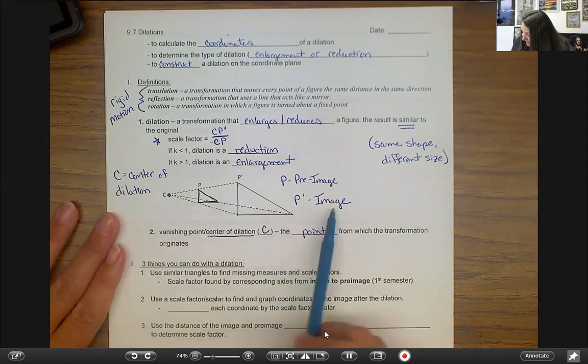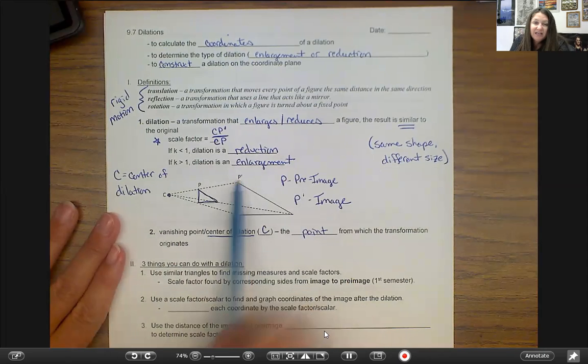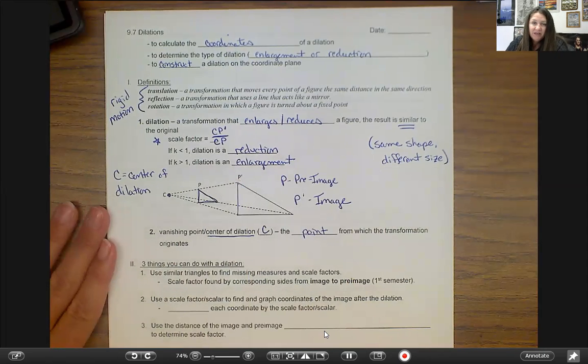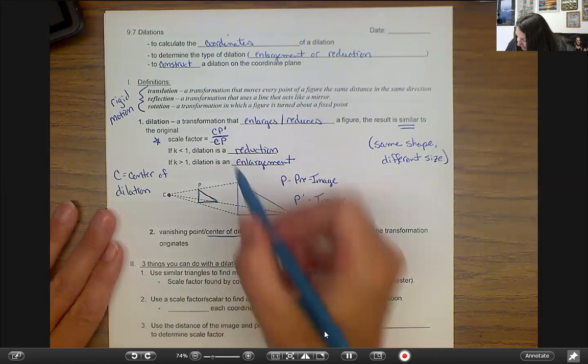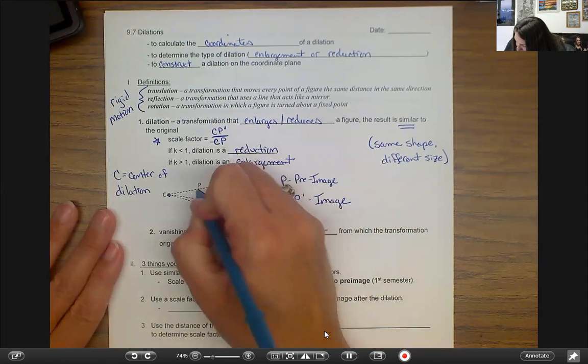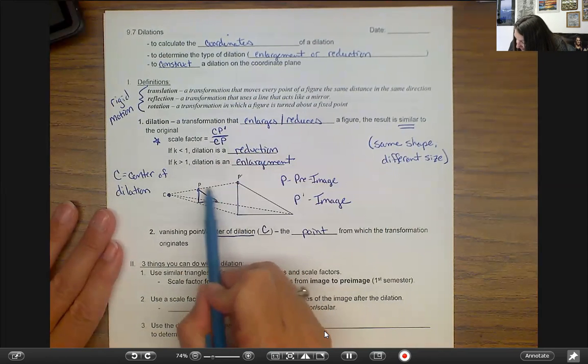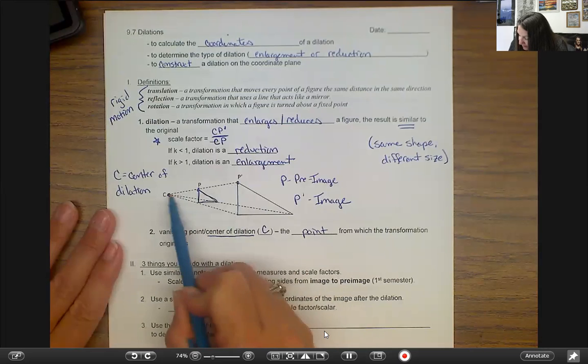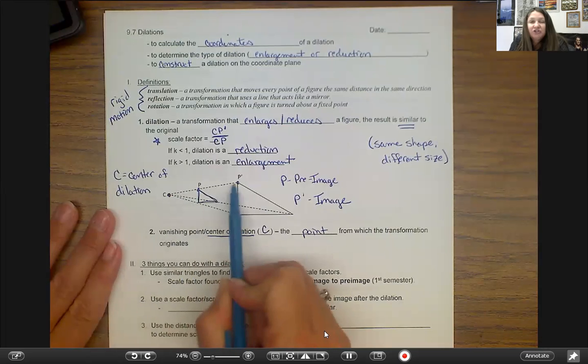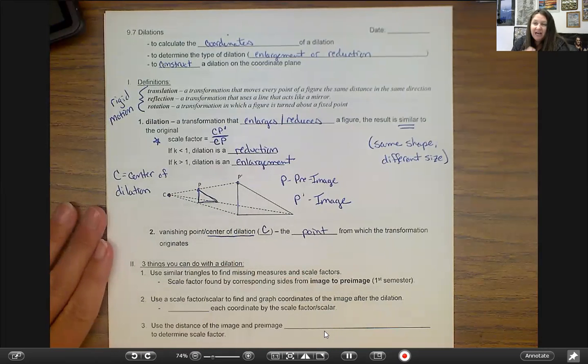I know it is the image because it's marked as P prime. Now what you're also going to notice is that those vertices that correspond, like P and P prime, have to stay in line with your center point. So a lot of times you see it drawn on the construction, how it lines up with the center.